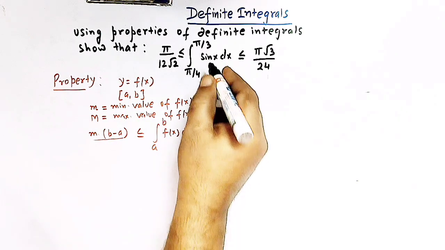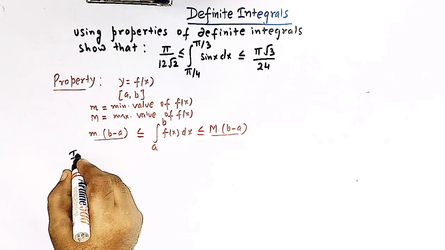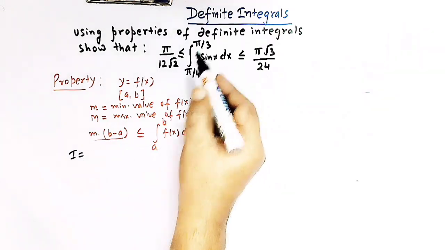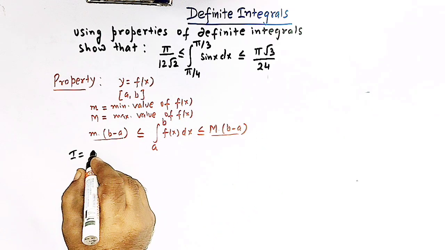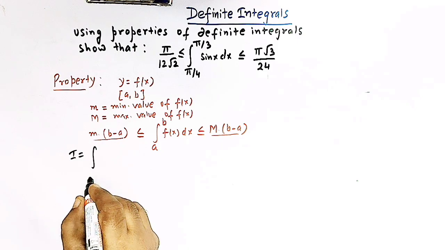So let us first take the integral that is pi by 4 to pi by 3 sine x dx as I, right?